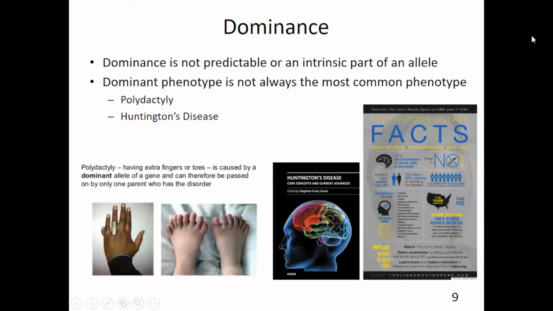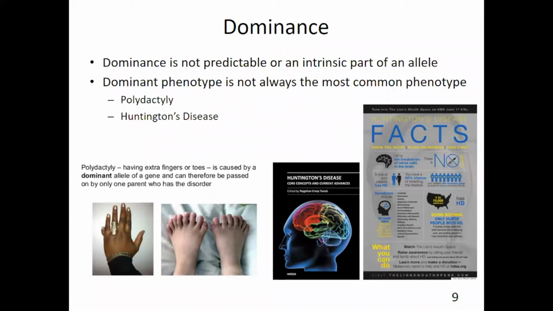Both of these conditions are governed by a dominant allele. So if you inherit at least 1 copy of the dominant allele for polydactyly, you will have extra fingers and/or extra toes. And if you inherit at least 1 dominant allele of the Huntington's disease gene, you will develop Huntington's disease.